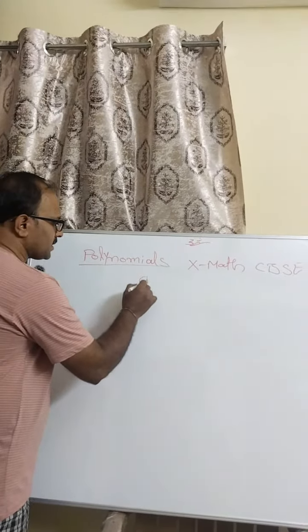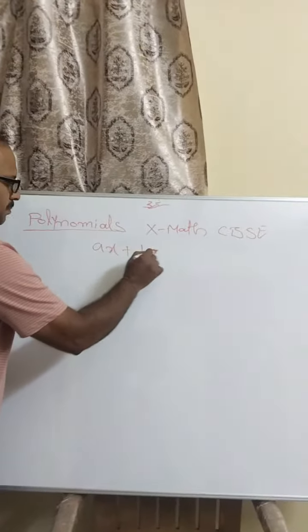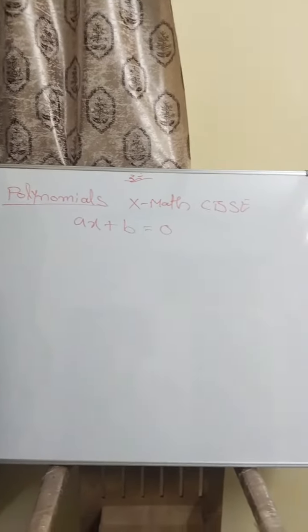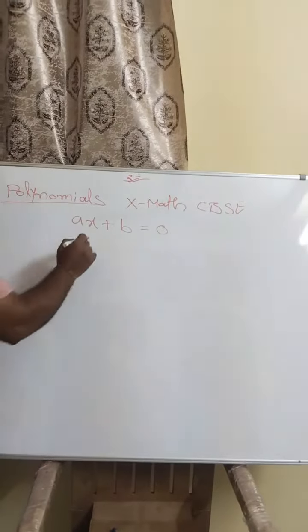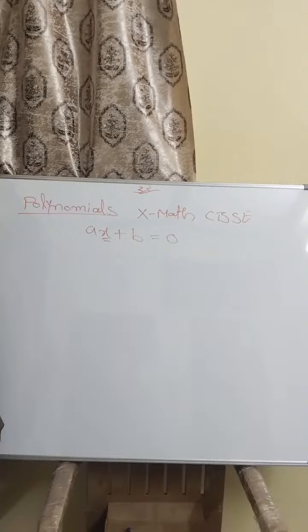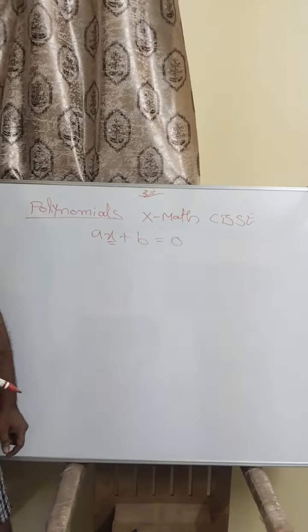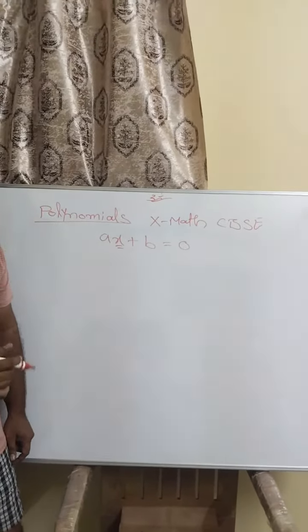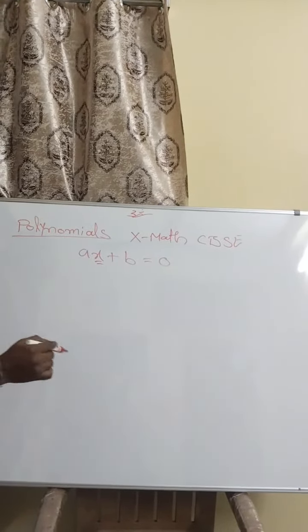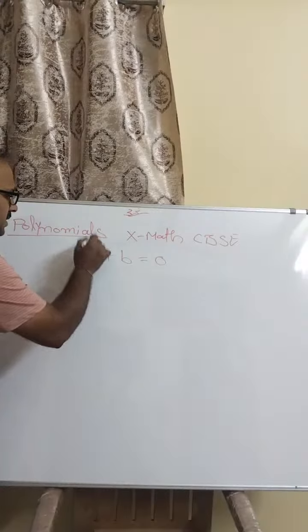You can see it like this: ax plus b equal to 0. This is a polynomial with variable x. Now we can define the order of the polynomial. What is the order of the polynomial? It purely depends on the power of the variable x.